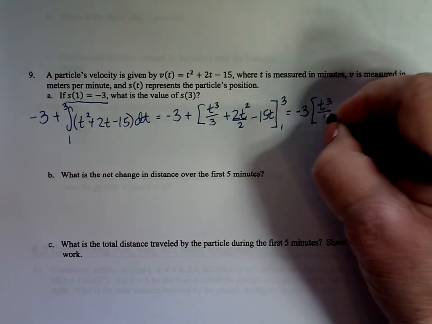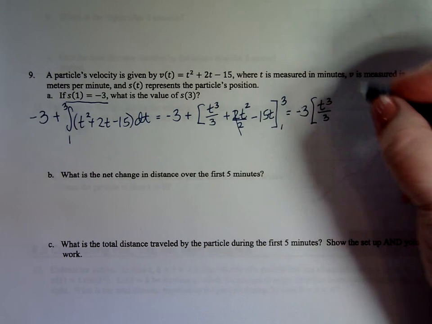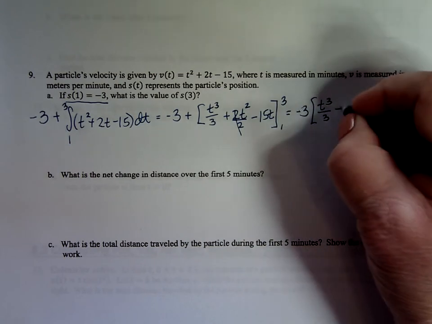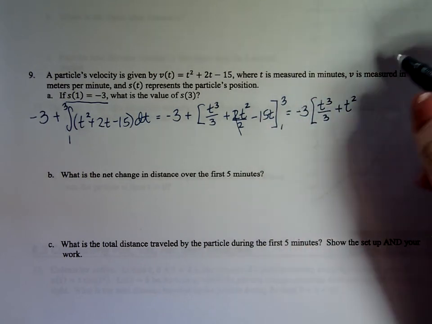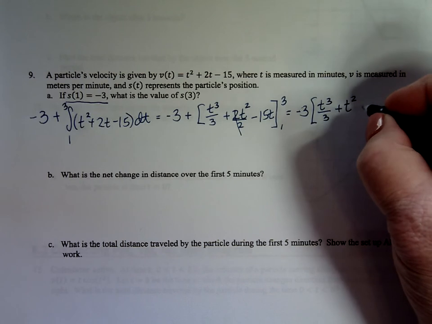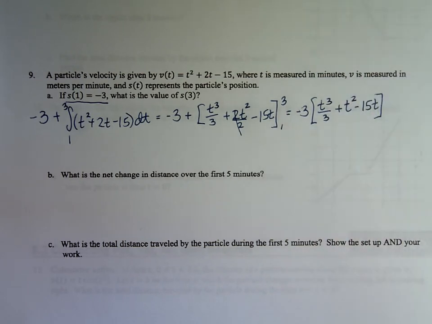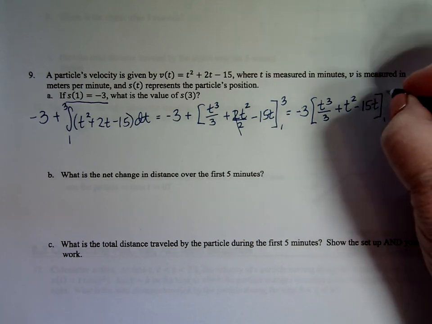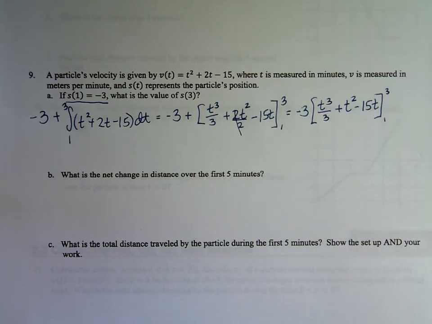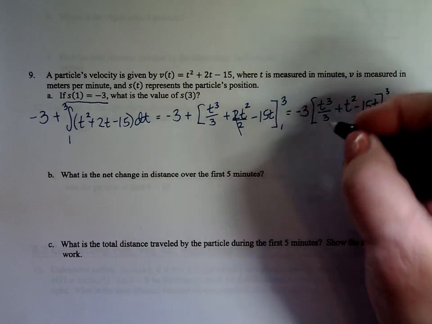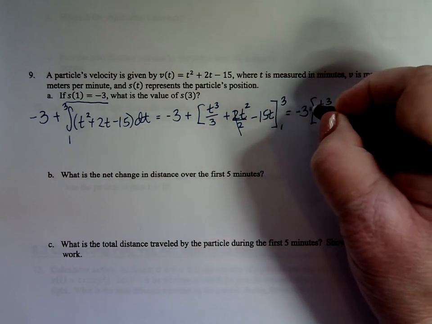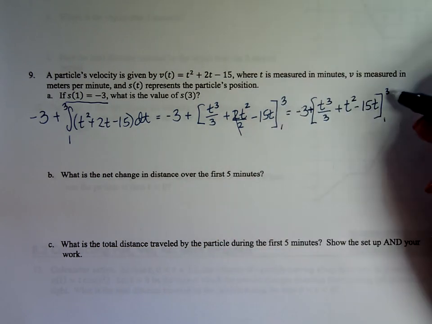The 2's cancel out here, so it's plus t squared, and then minus 15t. So there's my cleaned up antiderivative, and I can do f of b minus f of a, putting in a 3. By the way, there's a plus sign in here. Going between 3 and 1. So let's see if we can get that.